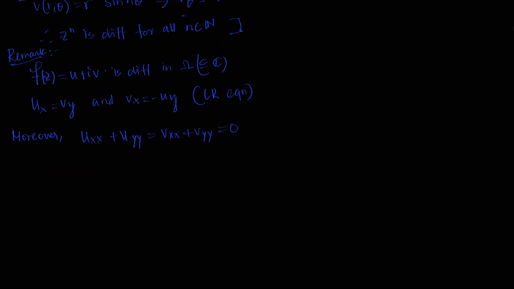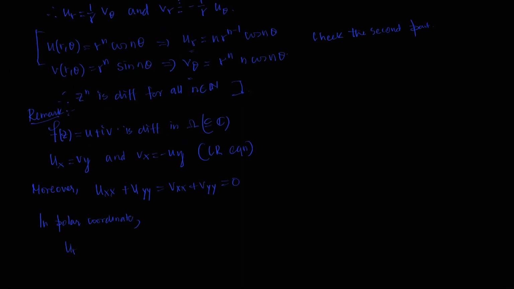Moreover, in polar coordinates, if you change any complex number to polar coordinates and then write the function in polar form, then ur equals 1 by r v theta and vr equals minus 1 by r u theta. So these are the three things which you have to remember, and that will give you a very good idea of what differentiable functions are.